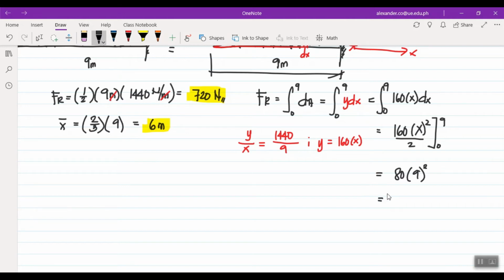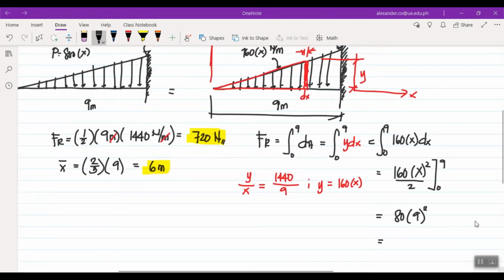Dapat parehas yan. Bakit 6,000? May mali ata. So, tama. 80 times 9 squared. Dito ko nagkamali. It's 6,480.